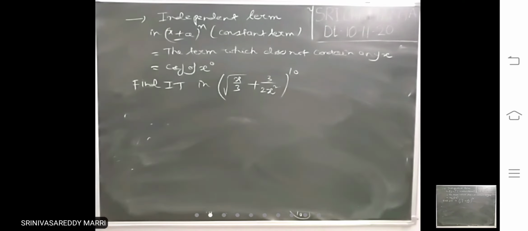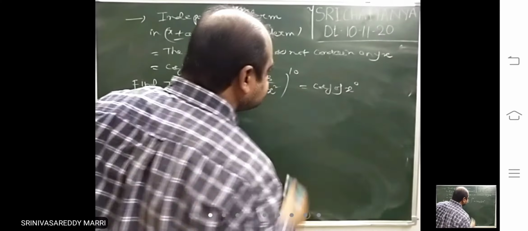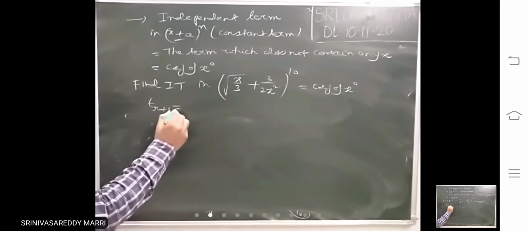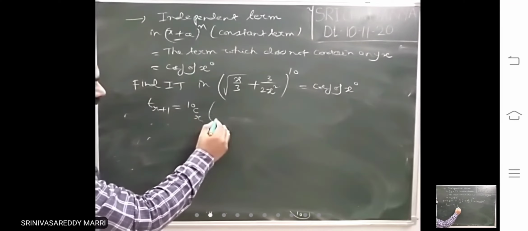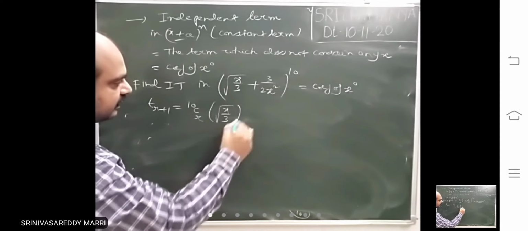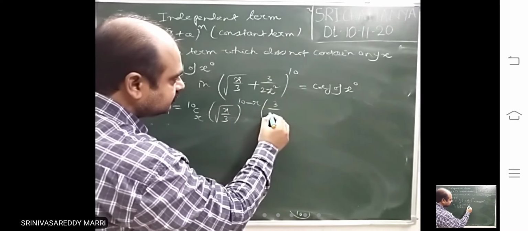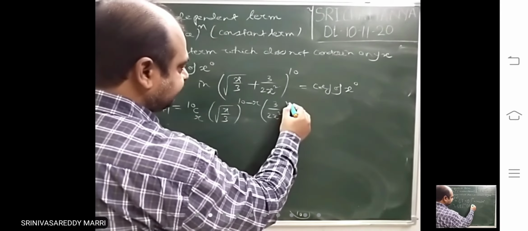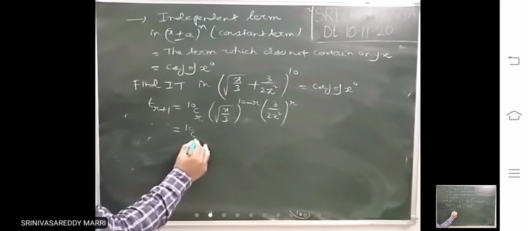We have to find the independent term, that means the coefficient of x power 0. Write the general term: T r plus 1 equals 10Cr into first variable root x by 3 to the power 10 minus r into second variable to the power r.